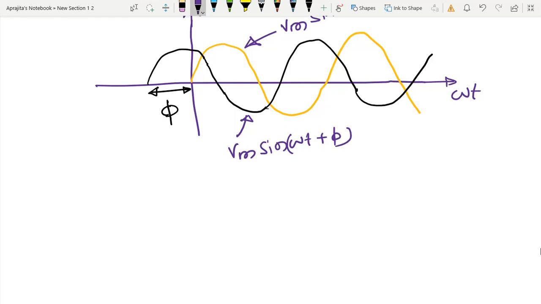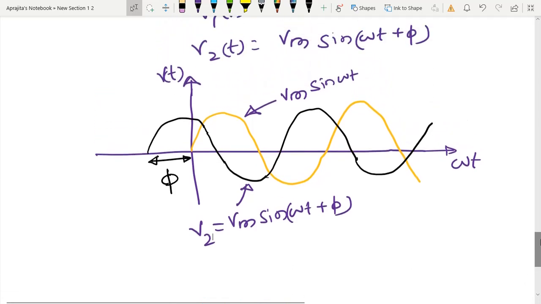From this graph it is clear that this function, Vm sin omega t plus phi, I have represented by V2, and the first one by V1. The starting point of V2 in the figure occurs first in time.